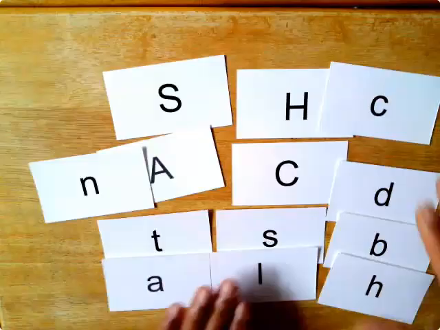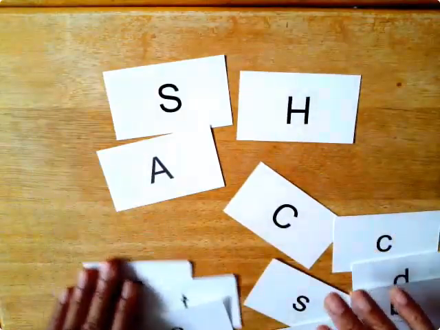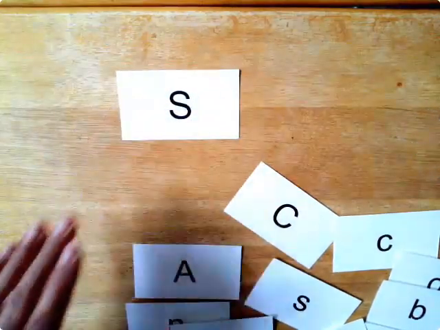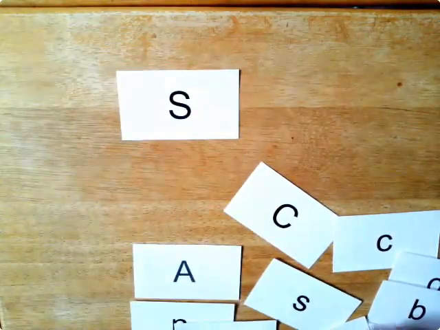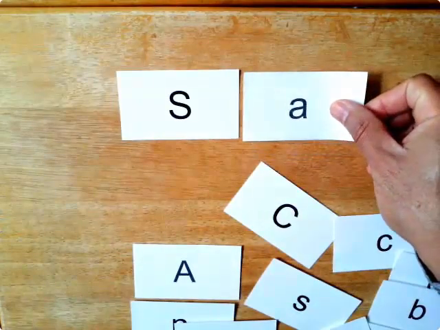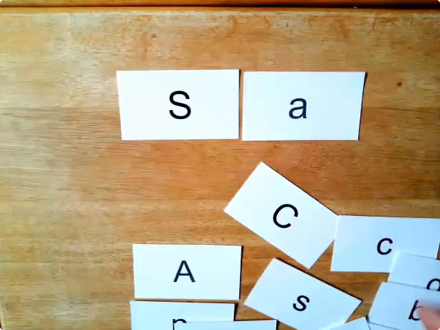So I'm going to put these away now, and I'm going to begin our workshop today with S. And I'm going to add a vowel sound, A. And one more vowel sound. Are you ready for this one?